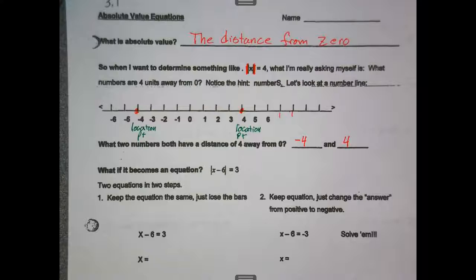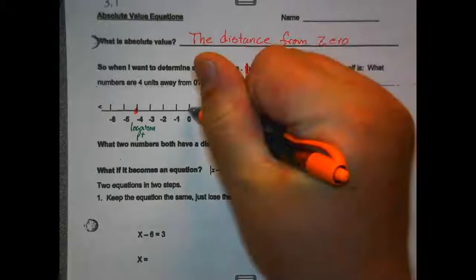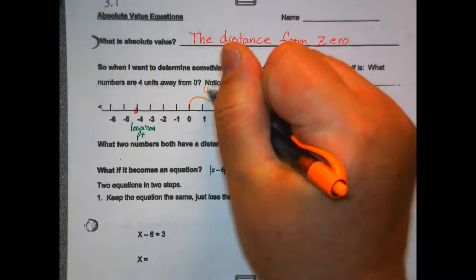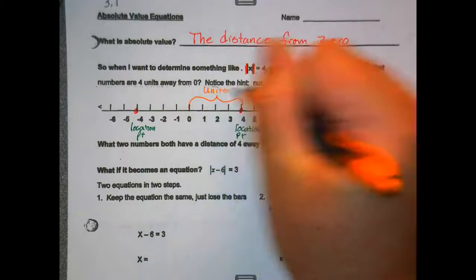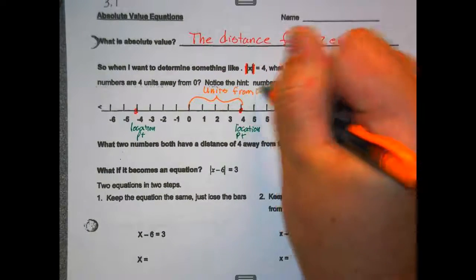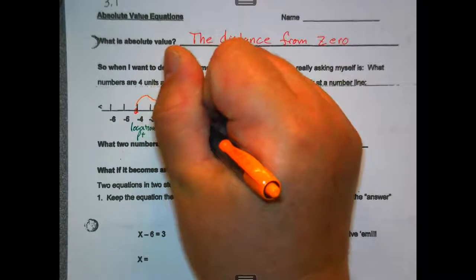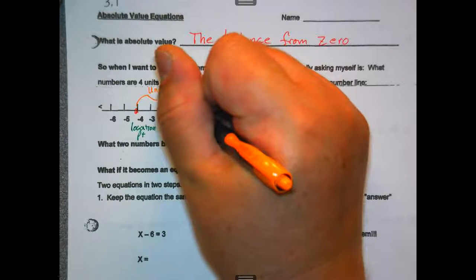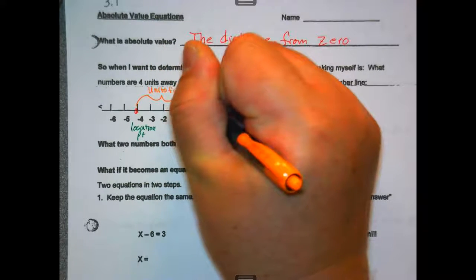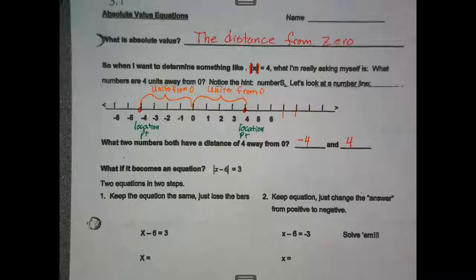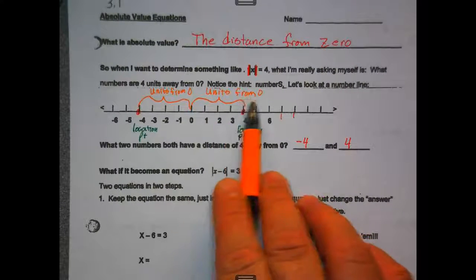4 units from 0. Now, absolute value has to be positive because it's the distance, it's units.